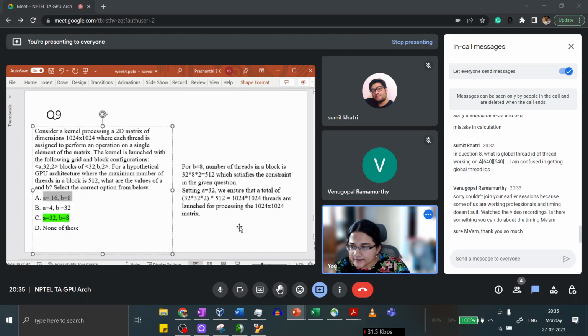Hopefully this is clear. If this is clear, we can go and look at the global thread ID once and then come back to the 8th question. Let's do that.